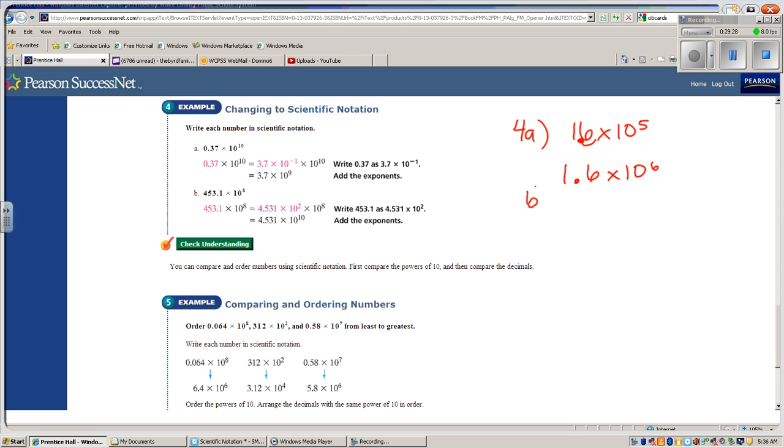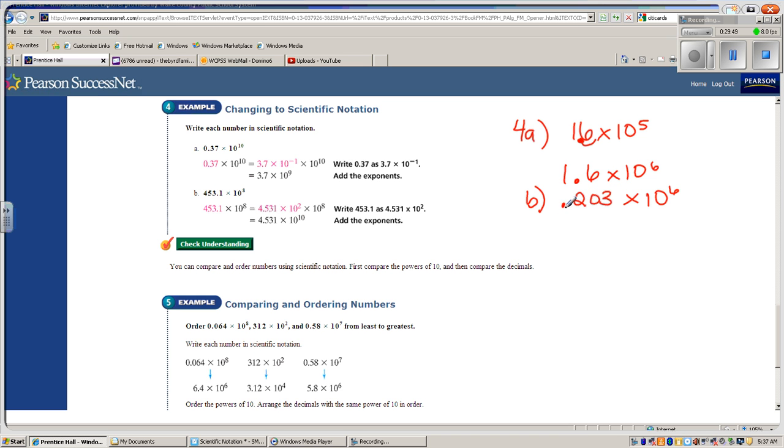Let's try B. These problems are under the check understanding section. Okay, we start off with 0.203, and we're multiplying that by 10 to the 6th power. This is not yet in scientific notation until this number is between 1 and 10.